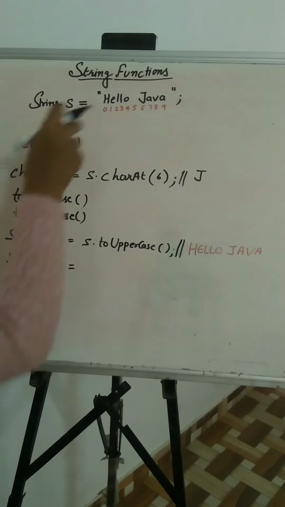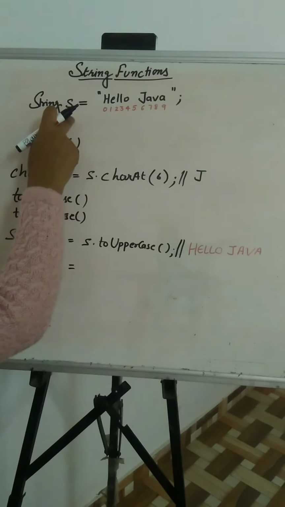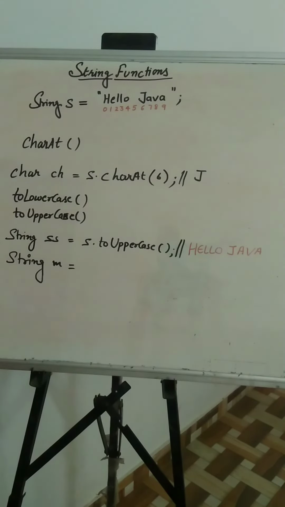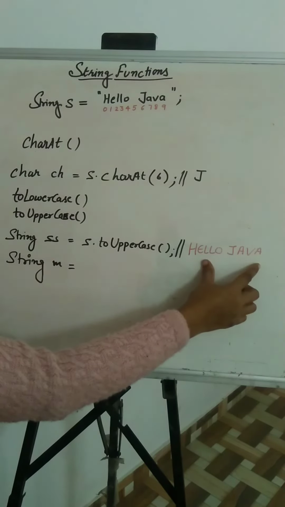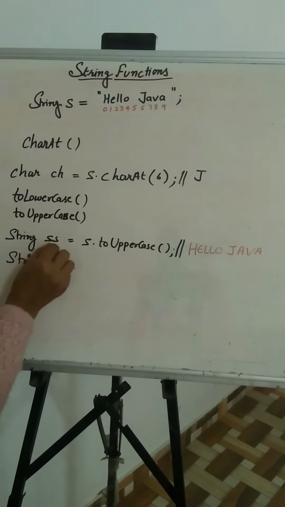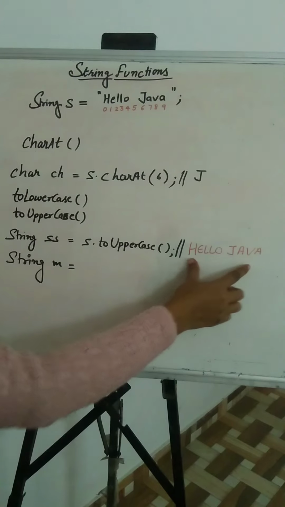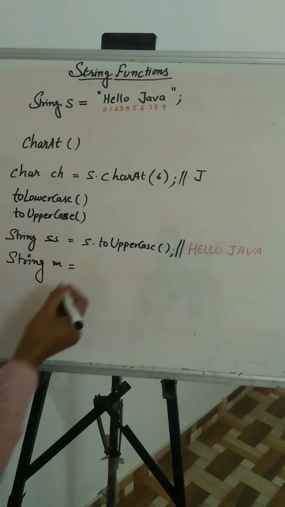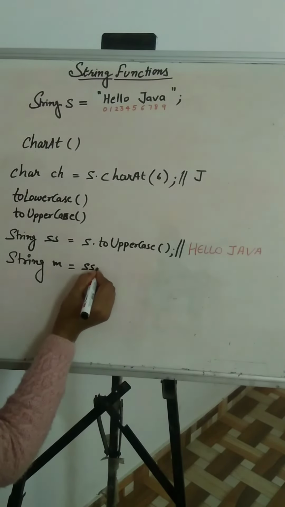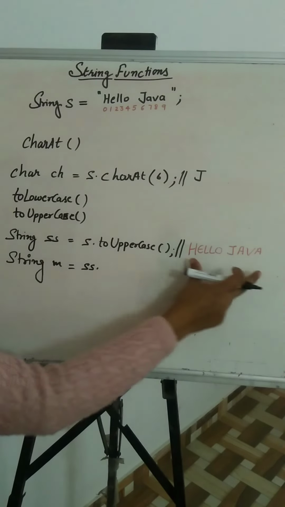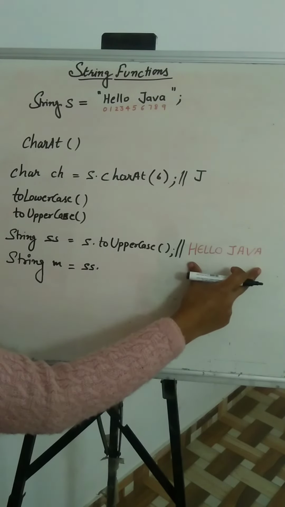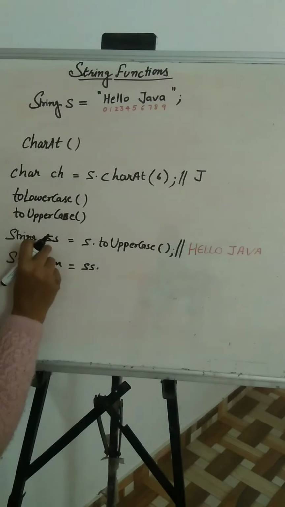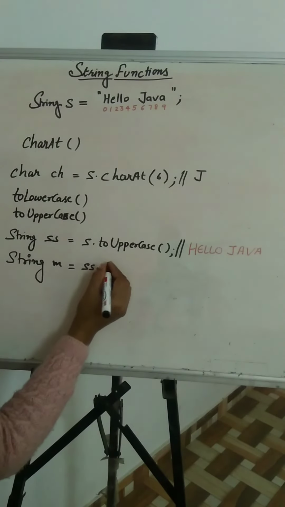The SS string stores all letters in capital form. Now we have to convert this SS string into small letters. So here we use SS dot toLowerCase.